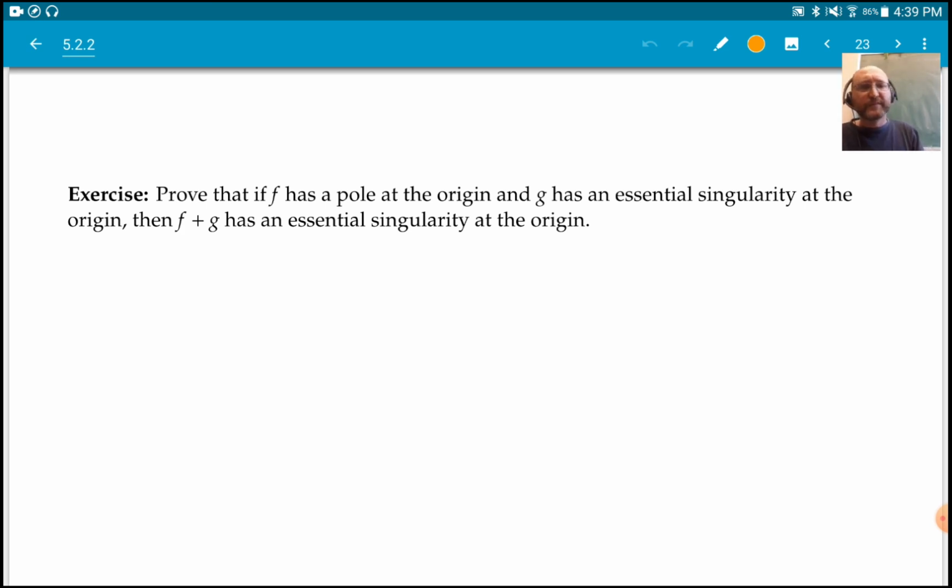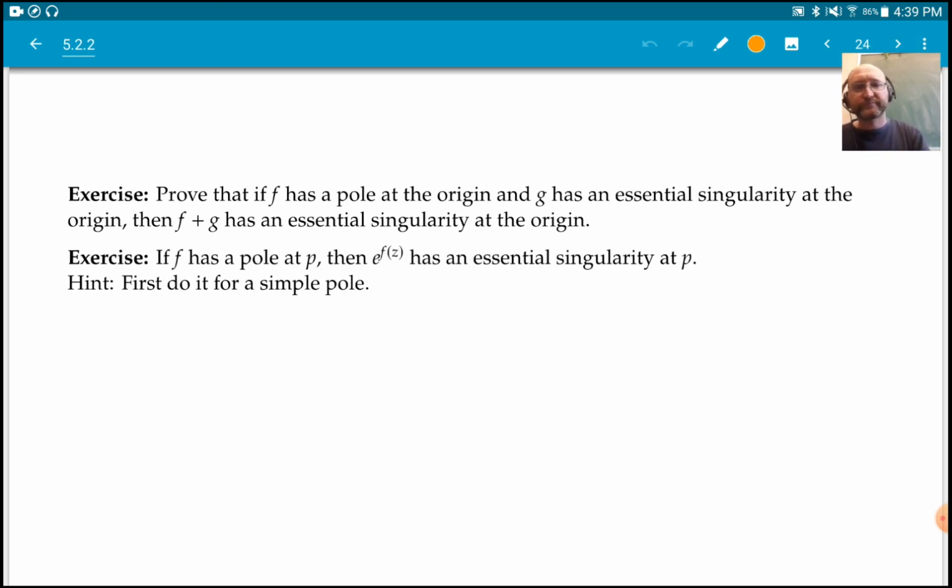Now, this e to the 1 over z is a somewhat more general idea: if you have a pole and you take the exponential of that, you always get an essential singularity. So do this for a simple pole first, and see what happens.